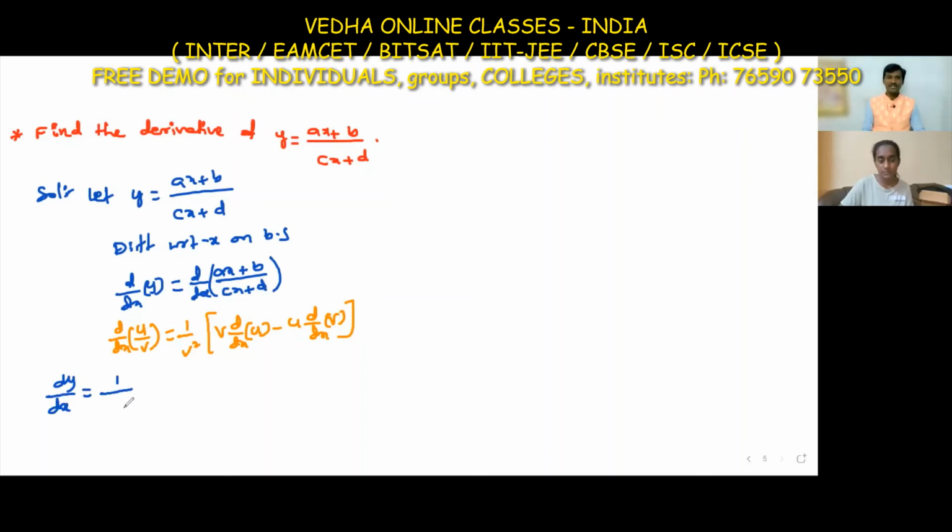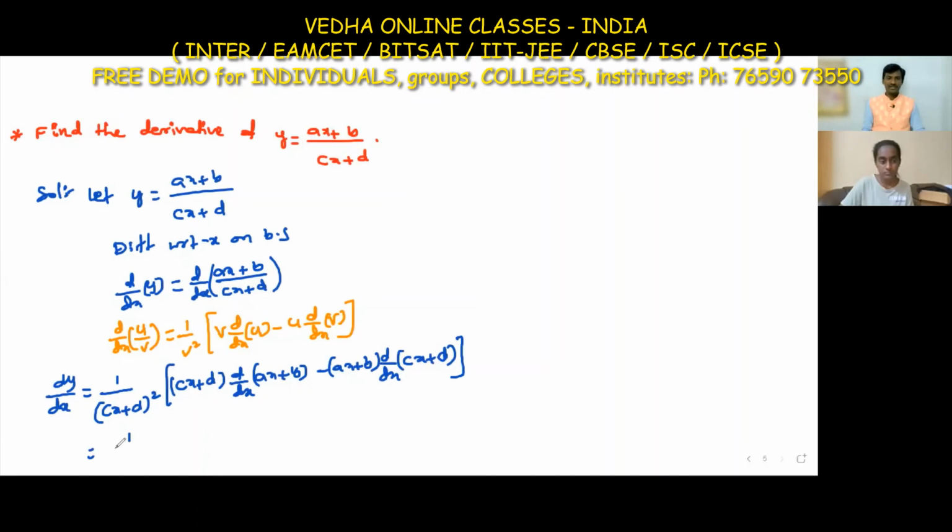What is v here? cx plus d is the v. So 1 by cx plus d whole square into v, that is cx plus d, into d by dx of u, that is ax plus b, minus ax plus b is outside and d by dx of v. v is nothing but cx plus d.